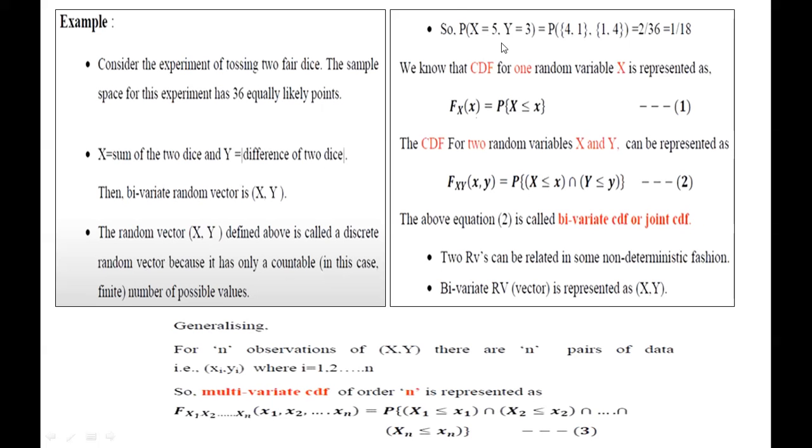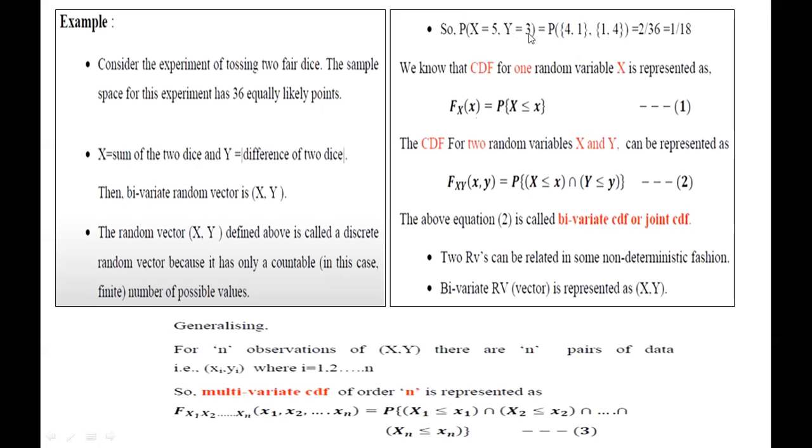So now let us look at it. For probability when X is equal to 5, what is our X? The sum of two dice. If the sum of the outcome of the dice is 5, then it is considered in the probability space.